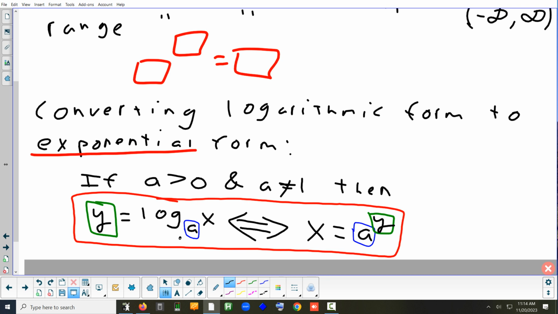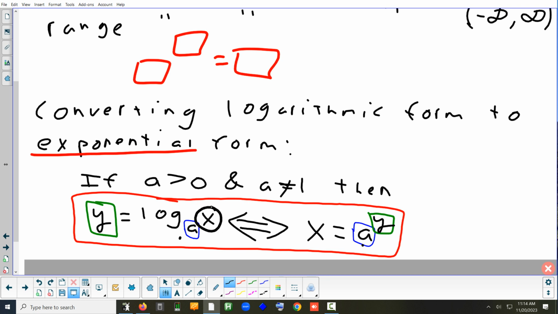So the base on the log becomes the base on the exponential. I've said it a few times: logarithms always equal exponents. Whenever you calculate a logarithm, you are finding an exponent. That's why y is the exponent. It tells you what power you can raise the base to in order to get this.